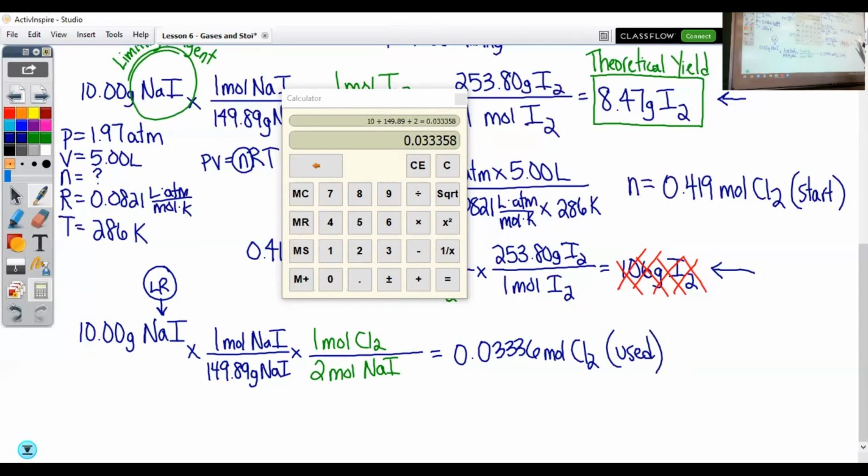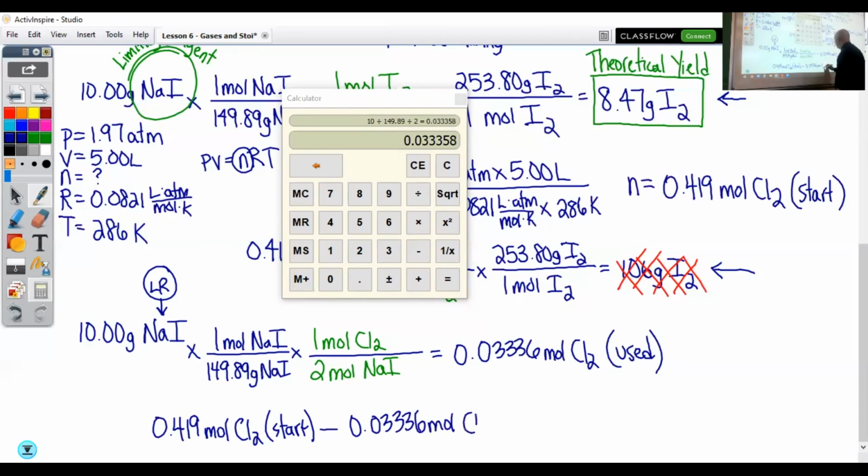Now that we have the amount that we started with and the number of moles of Cl2 used, we can subtract these two numbers. So we have 0.419 moles Cl2 at the start minus 0.03336 moles of Cl2 used.